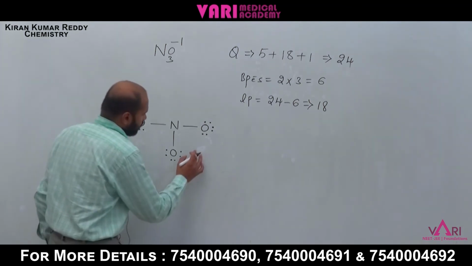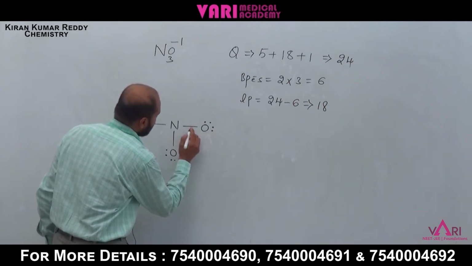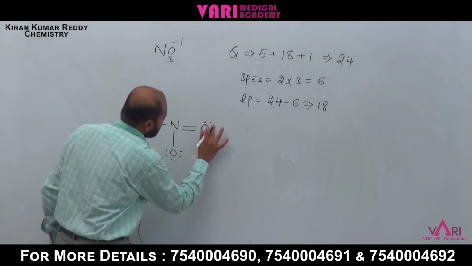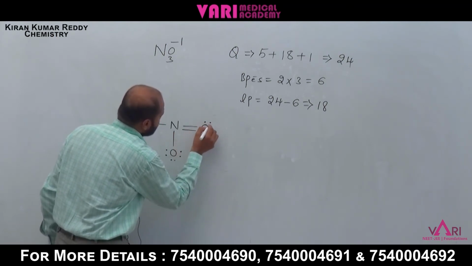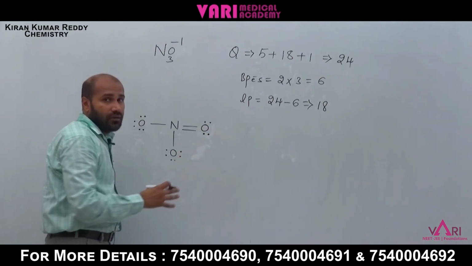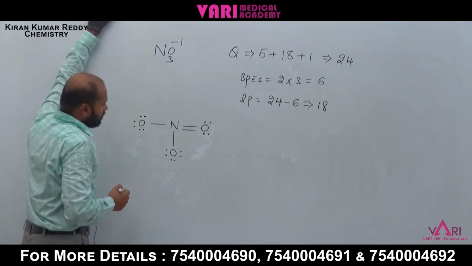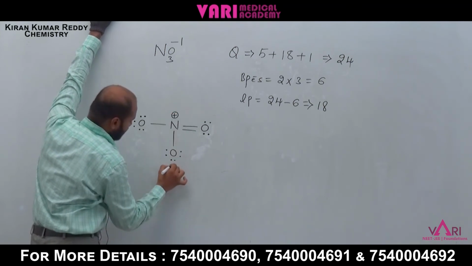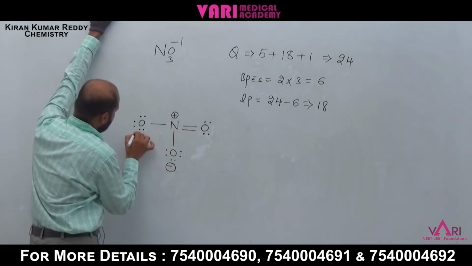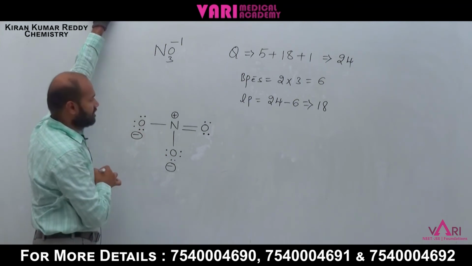Now I slowly remove this one, this lone pair. I write the double bond. Here I am writing 2 lone pairs now. Now 1, 2, 3, 4, 5, 6, 7, 8. This corner atom is obeying the octet rule. Now I am writing plus here, and minus here, and here also I am writing minus.